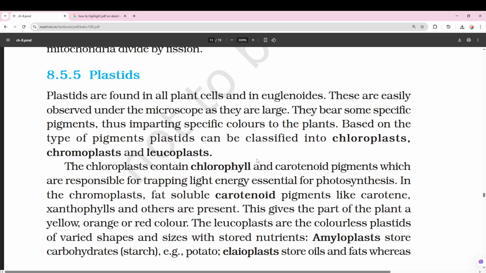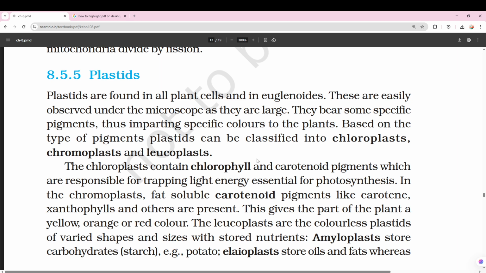The chloroplasts contain chlorophyll and carotenoid pigments, which are responsible for trapping light energy essential for photosynthesis. In the chromoplast, fat-soluble carotenoid pigments like carotene, xanthophylls, and others are present. This gives the part of the plant a yellow, orange, or red color.